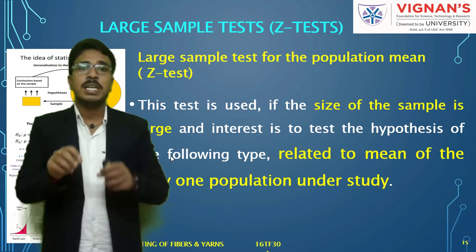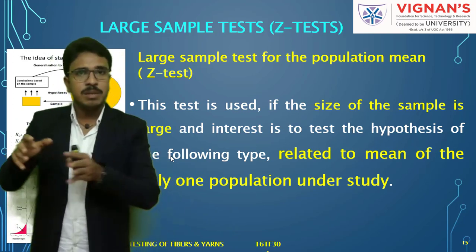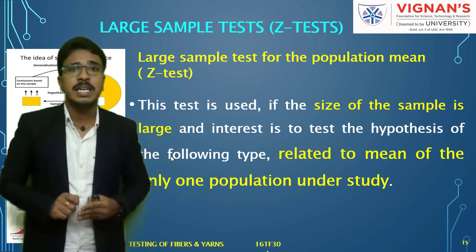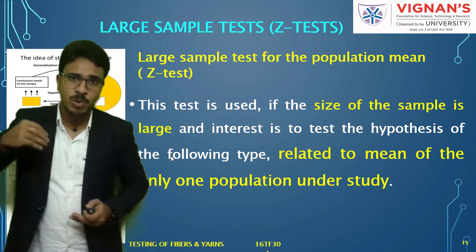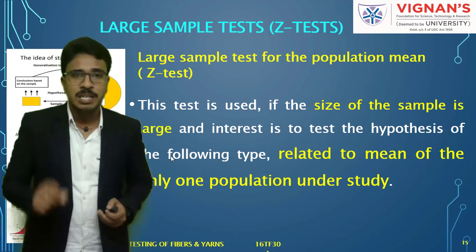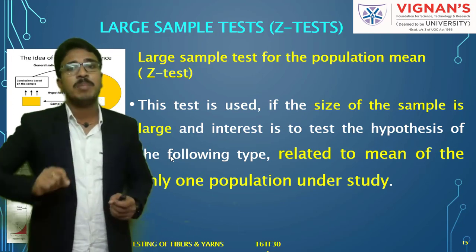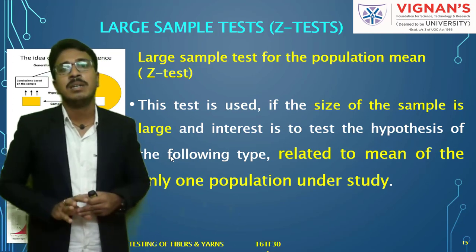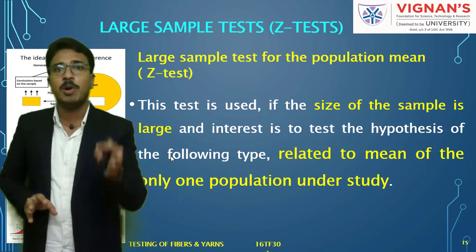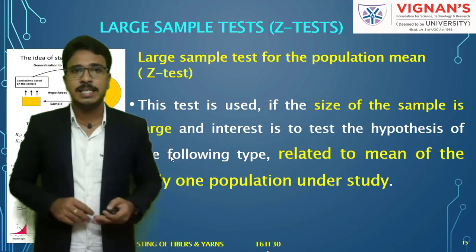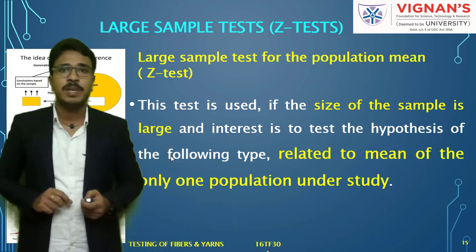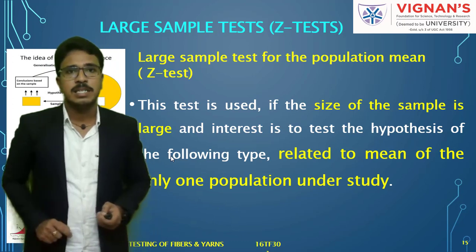Understand? So whenever we are using this Z test, the criteria is that the sample size should be more than 30, and our interest is to test the hypothesis where only one population is there, and that population mean only we are testing. So this is the interest where we are going to use this Z test.